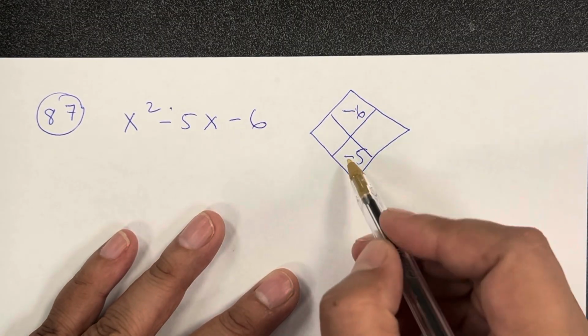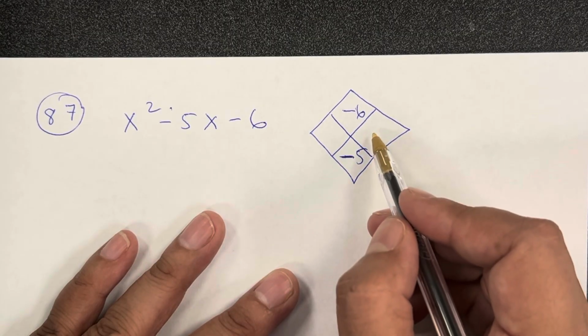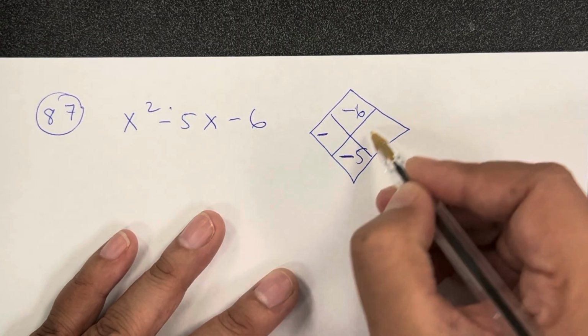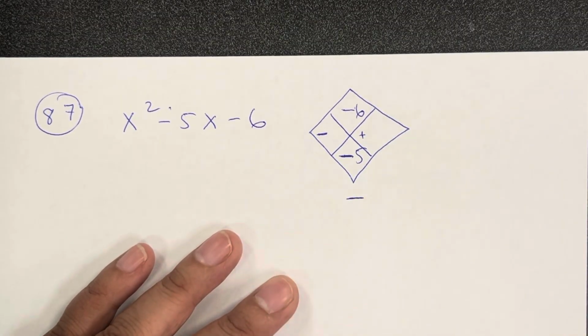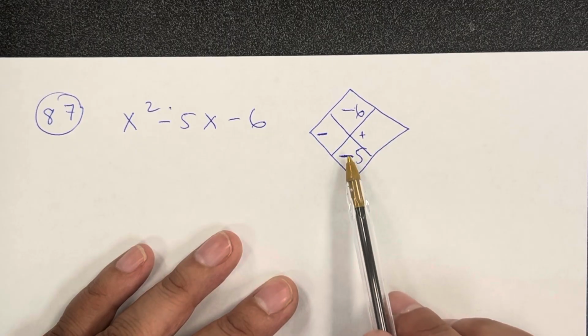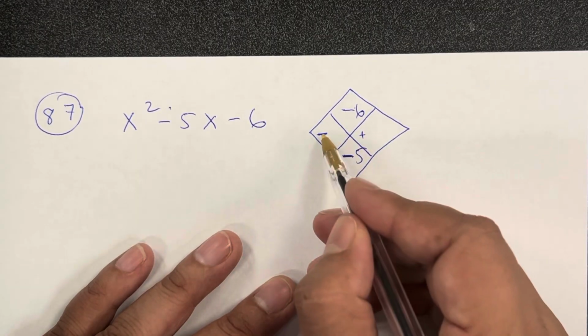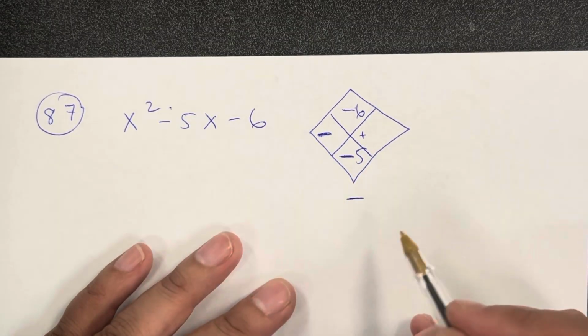First one is that you're going to have one positive and one negative. The other thing is that you're going to subtract the two factors. And the last thing is that the biggest number will get the same sign as the one in the middle, okay?